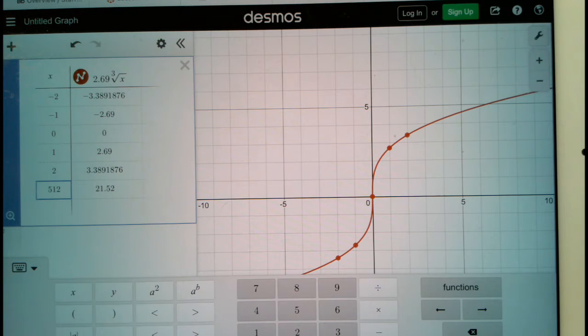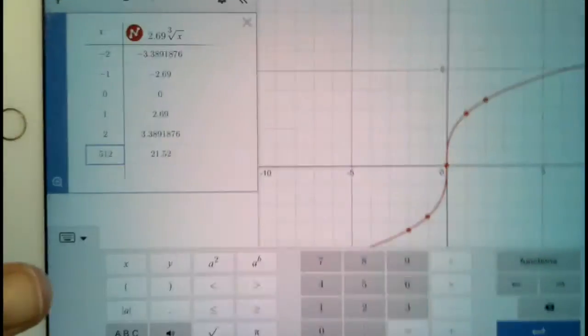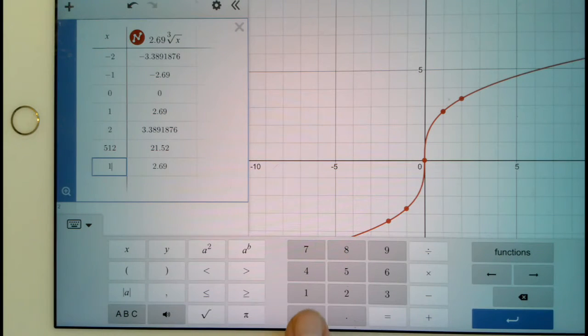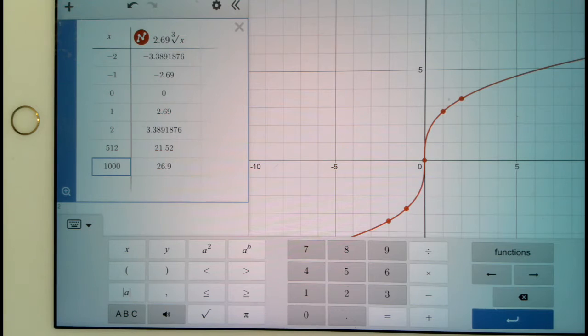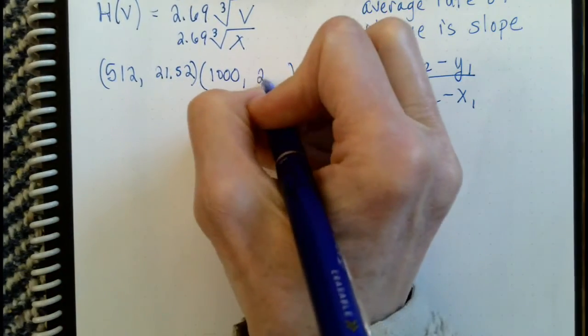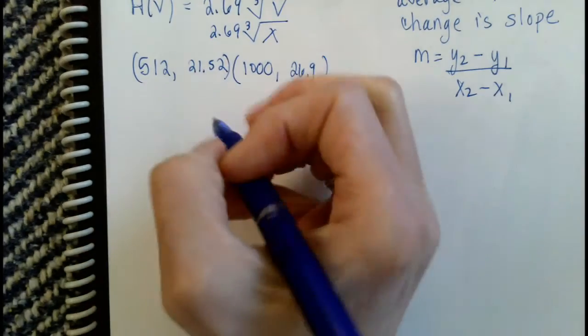So the nice thing is we can type that into the table, and we see that our value is going to be 21.52. We can do the same thing with 1,000. We can type in 1,000, and we see that that value is 26.9. And we've got everything on Desmos that we need now.